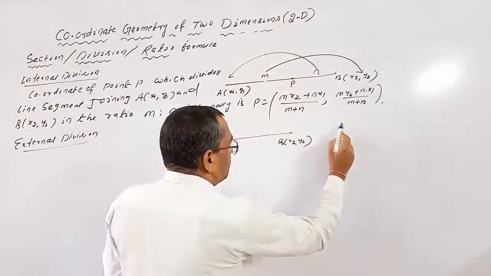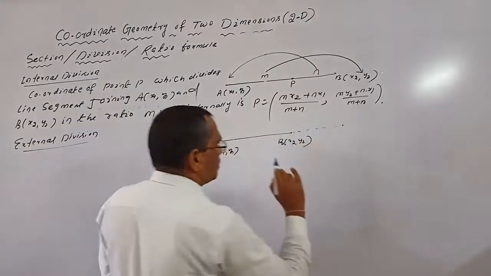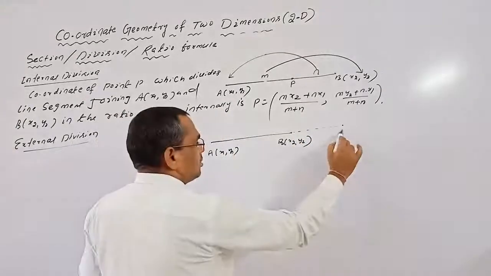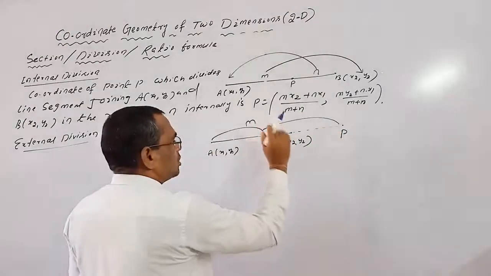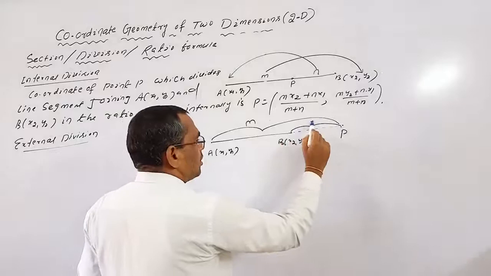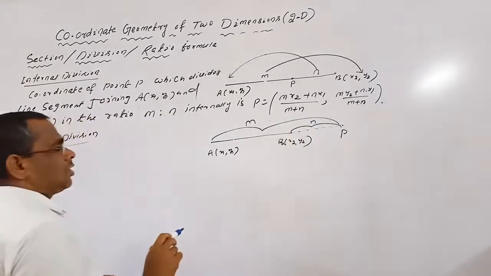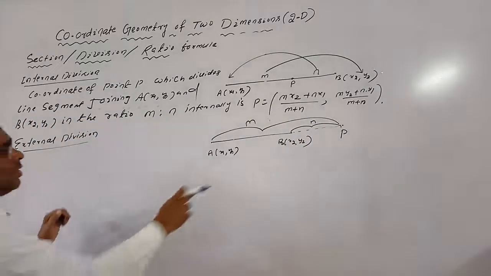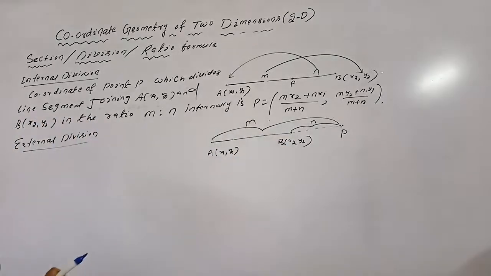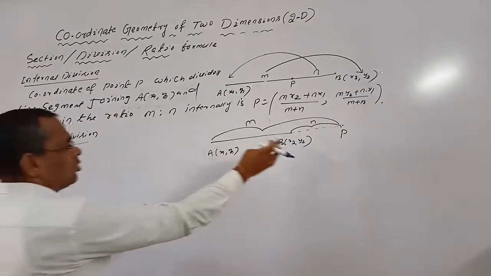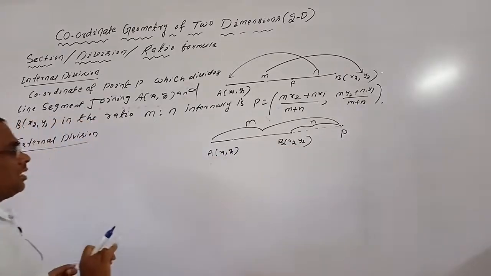There is a point P outside the line segment. This point P divides in the ratio m is to n. Then the coordinate of the point P will be mx2 minus nx1 by m minus n, comma my2 minus ny1 by m minus n.